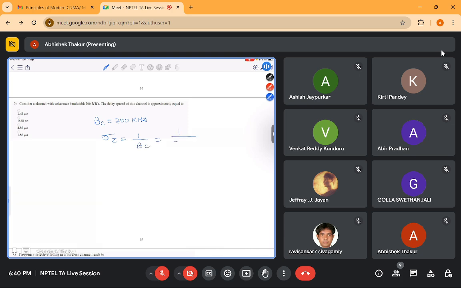So this will be 1 by 700 into 10 to the power of 3 second. So that is equal to 10 by 7 into 10 to the power of minus 6 second. So we can write as 1.4 microsecond. So the correct answer is option A.